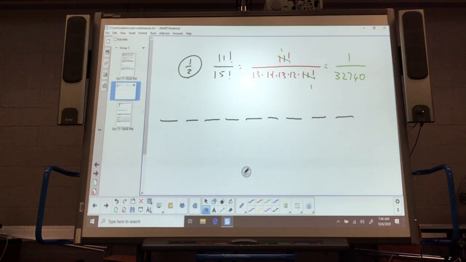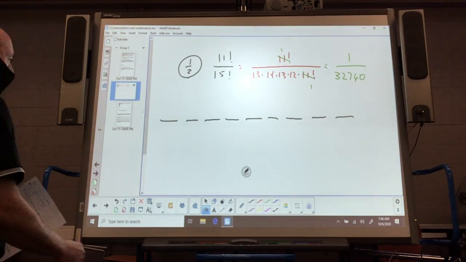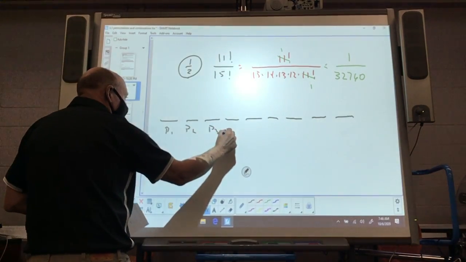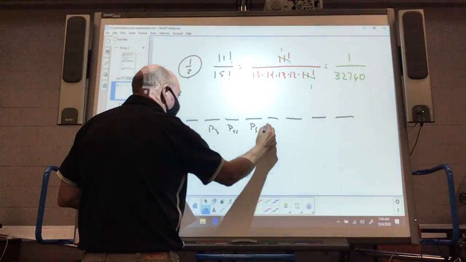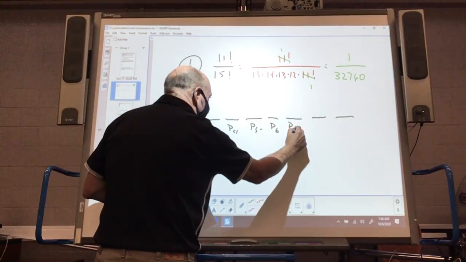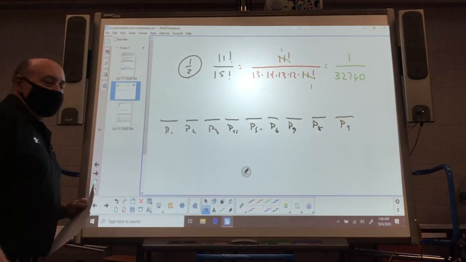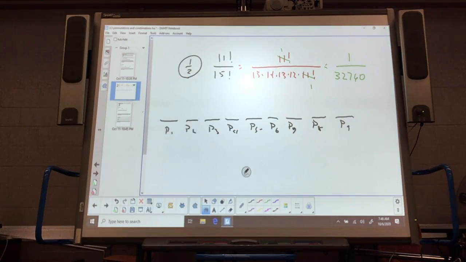We have 9 people in the batting order. This is position 1, position 2, position 3, position 4, position 5, 6, 7, 8, and 9. So those are all my positions. He has 11 people to choose from.